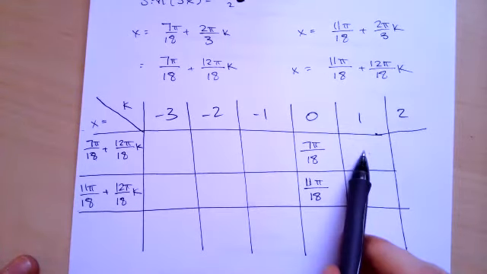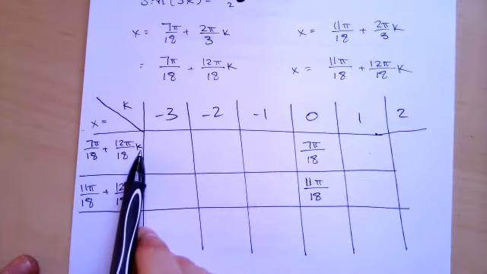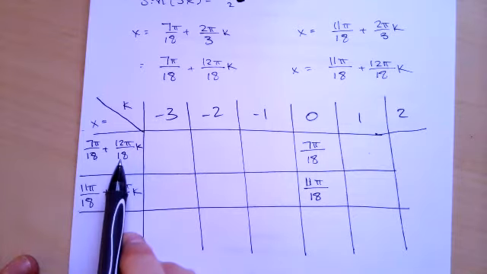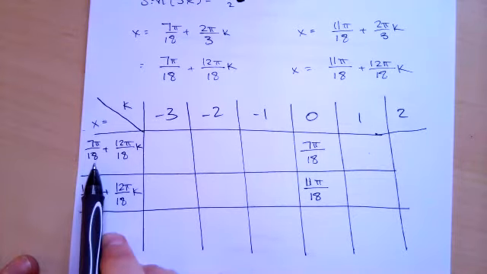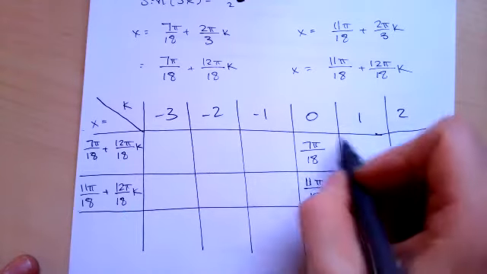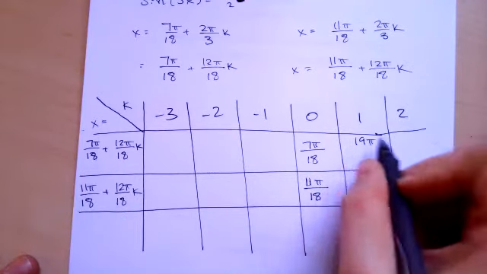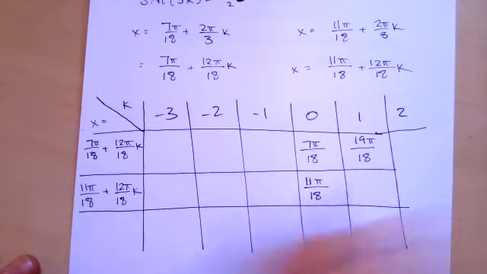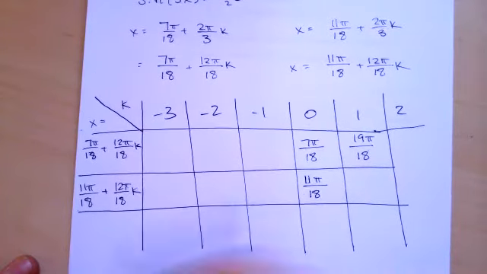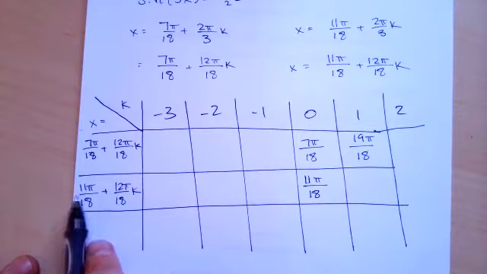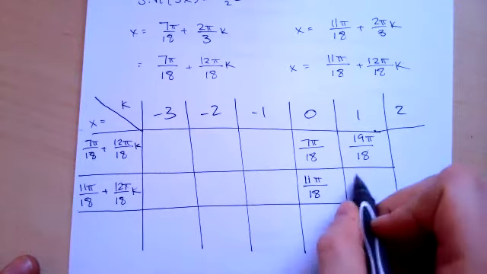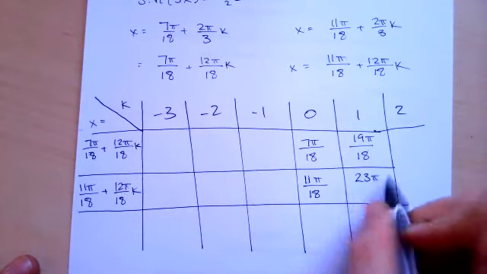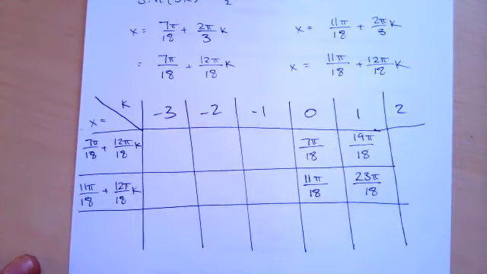What happens if k is 1? When I plug in 1 for k, I'll have 12 pi over 18 plus 7 pi over 18. So 12 plus 7 gives me 19 pi over 18. And then here, with k is 1, we'll have 12 plus 11 gives us 23 pi over 18.